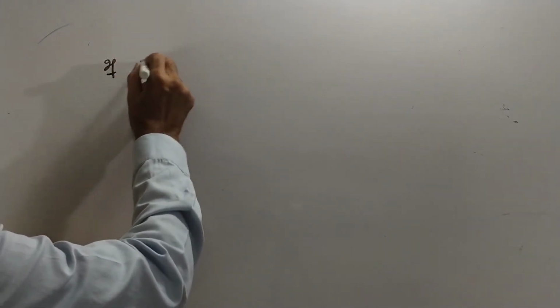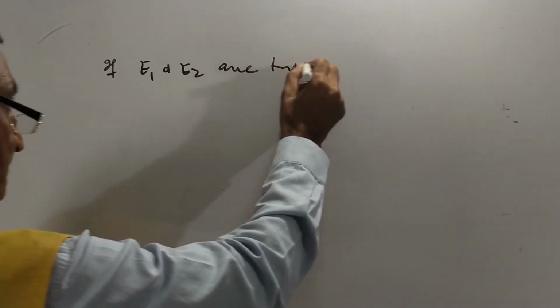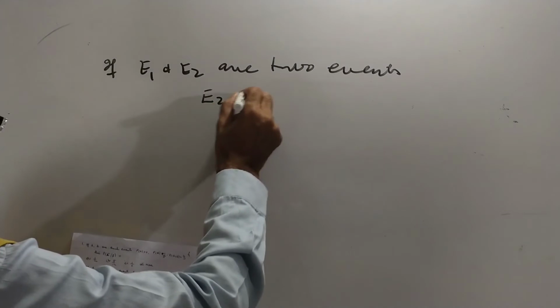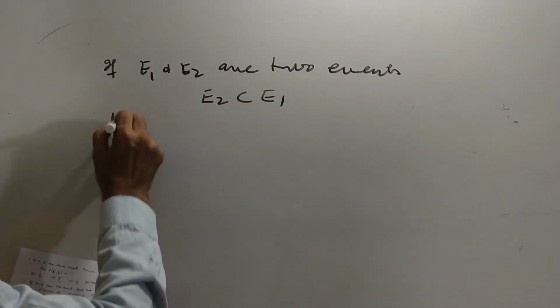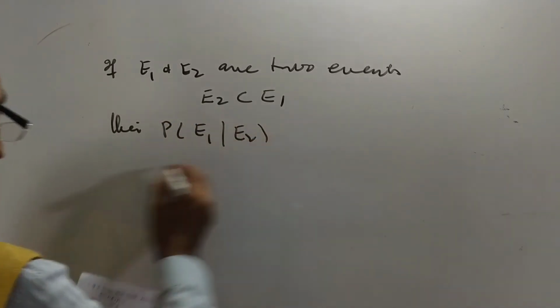यहाँ पर सवाल कह रहा है if E1 and E2 they are the two events. और एक बात और E2 is part of E1, subset of this, then probability of E1 given E2 is equal to what?